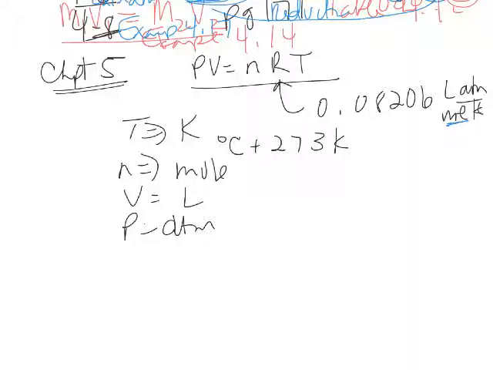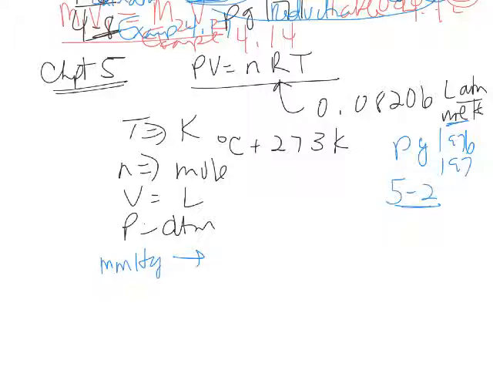So that tells you, on page 196, 197, section 5.2, you need to be able to convert millimeters of mercury to atmosphere. You need torr to atmosphere, right?